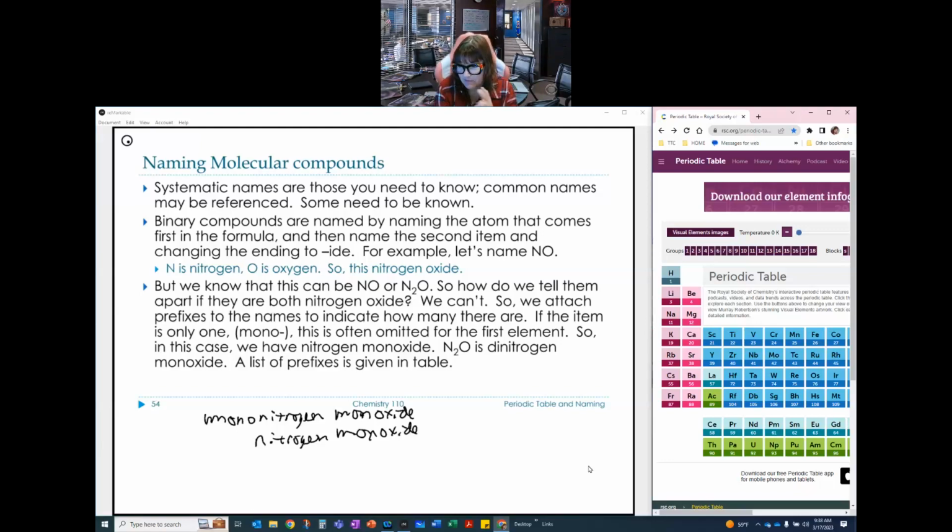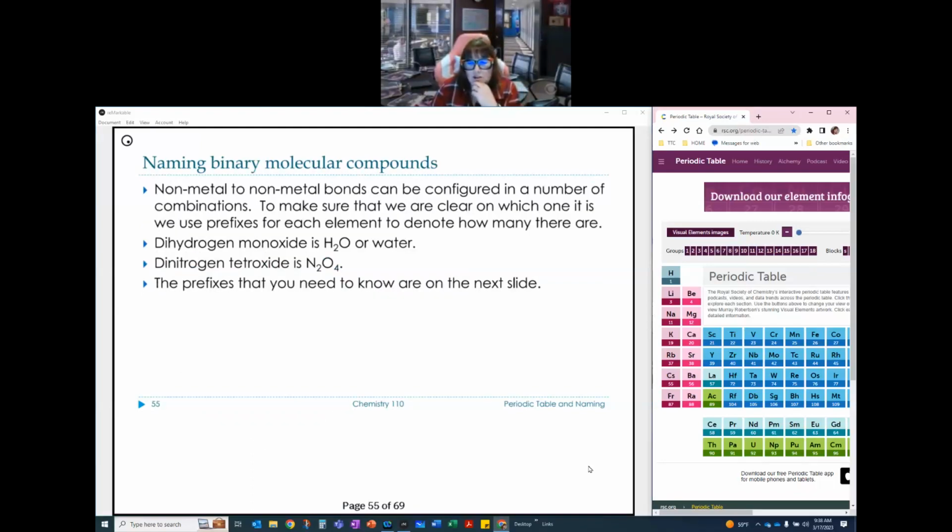The most common ones that we use are the di, tri, penta. Okay, so di being 2, tri being 3, penta being 5. Okay, but those are the ones that you would need to deal with. And they're given in the table. There is one in D2L that has all of those prefixes in it.